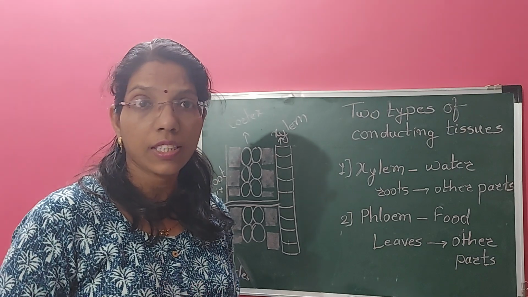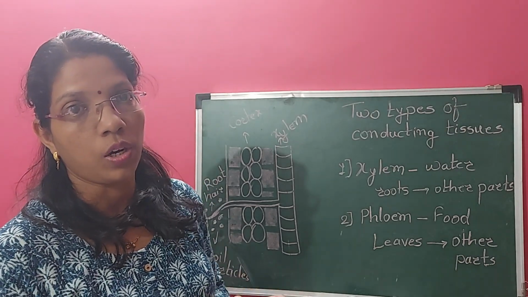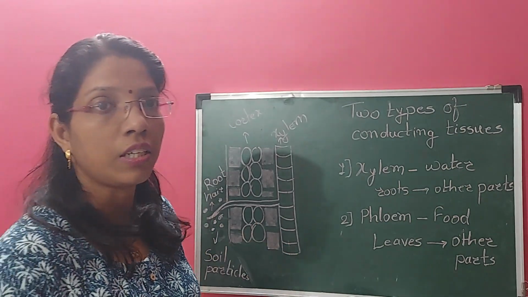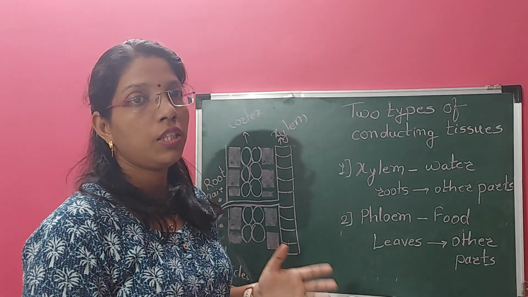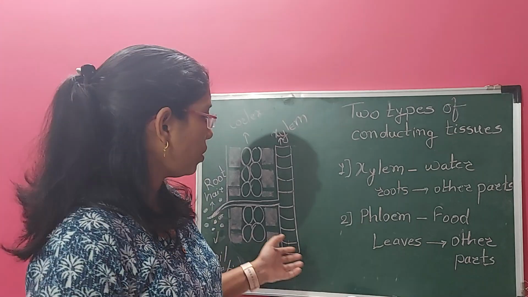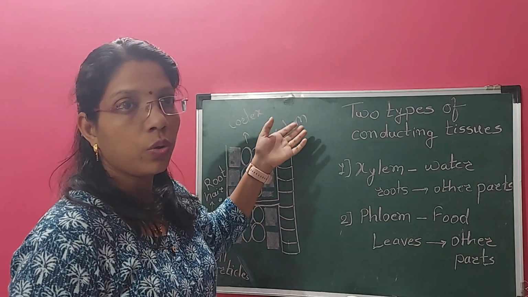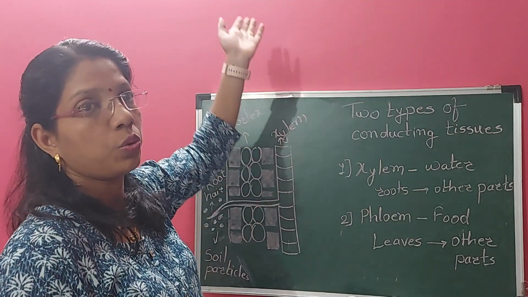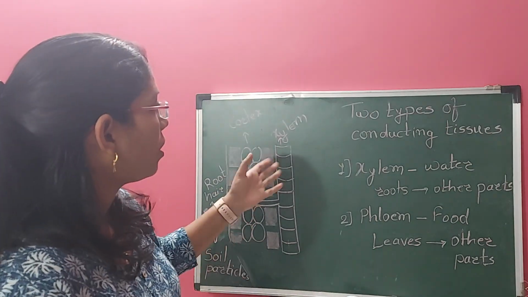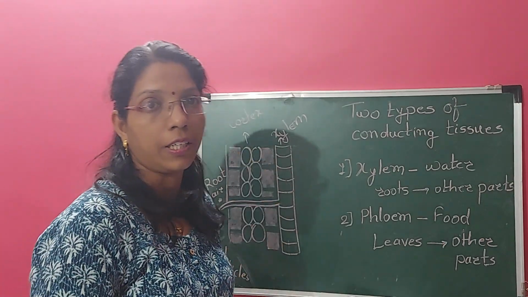As xylem conducts only water, these nutrients are dissolved in water. These are the minerals required by the plants. They are absorbed through the root hairs and conducted through xylem, going in an upward direction to the different parts of the plant body. This diagram is for your understanding.